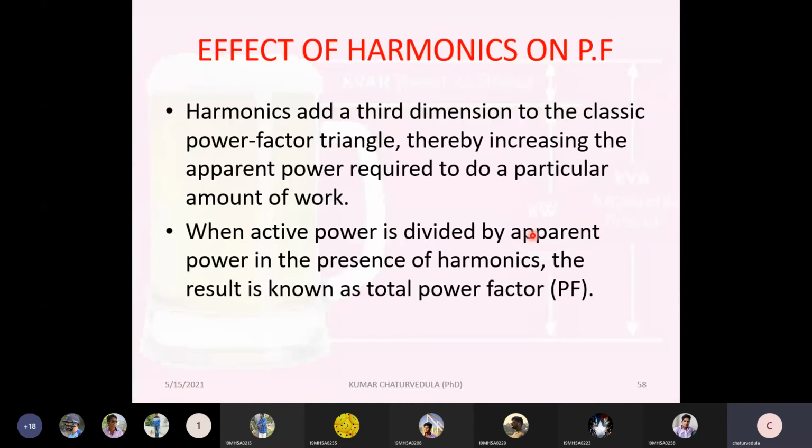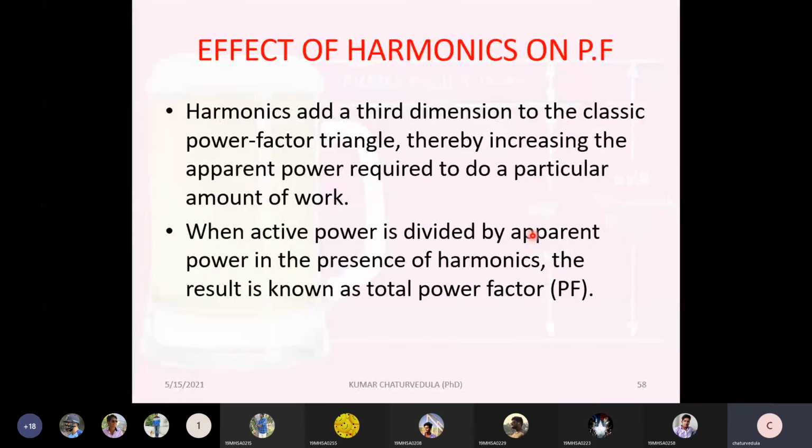Harmonics add a new dimension to the power triangle. The apparent power, that is, the power that does the actual work, will vary with respect to the power triangle without harmonics.